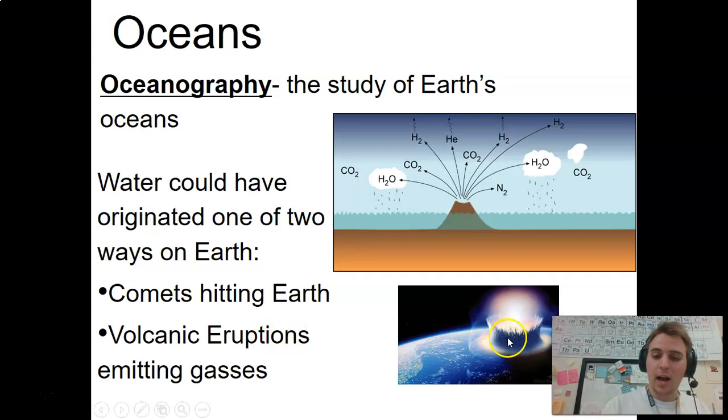So either comets hitting Earth and bringing water with them, or water that was trapped underneath Earth's surface that came up during volcanic eruptions and converted into H2O vapor, which then rained down. And you wouldn't think about it, but raining over billions of years, that's going to create some oceans. Okay?